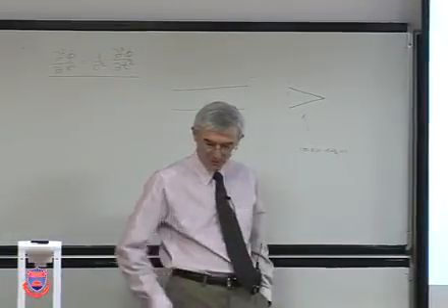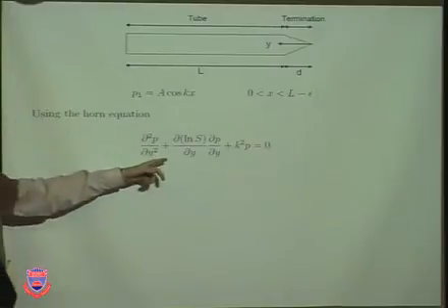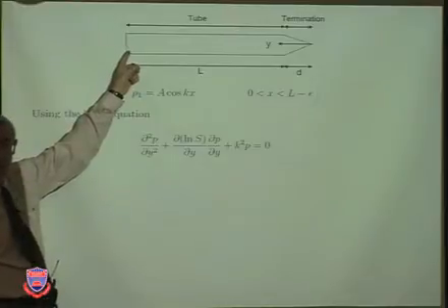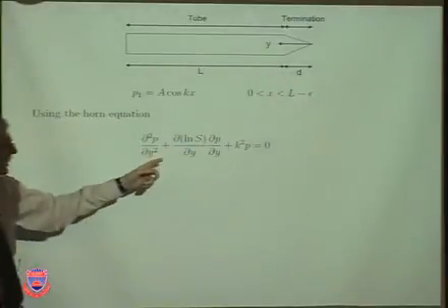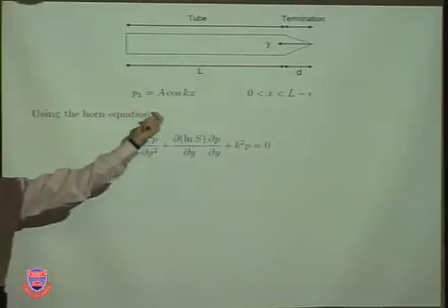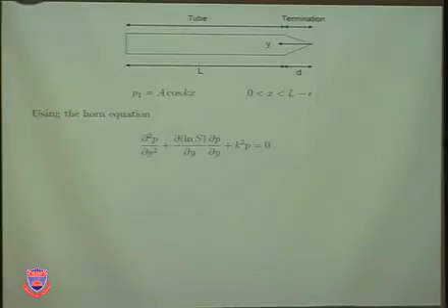So we use the Horn equation for the second part, and this could be any different type of termination. This depends on x because the coordinate is from 0 on the left all the way to L, whereas the Horn equation is utilized for the y coordinate coming from the tip, from the other end of the termination.